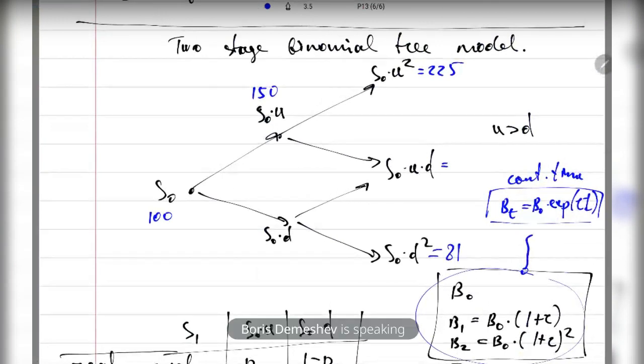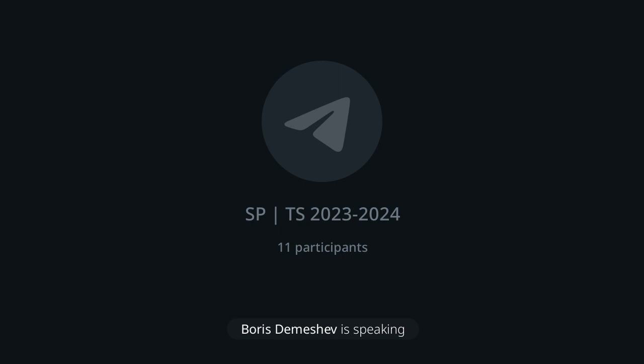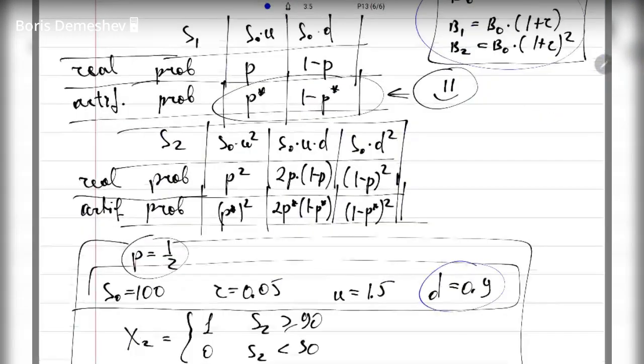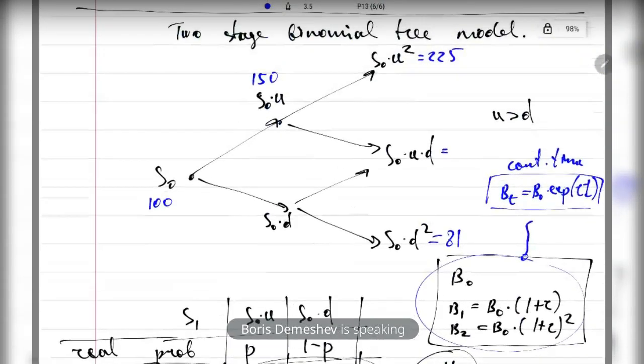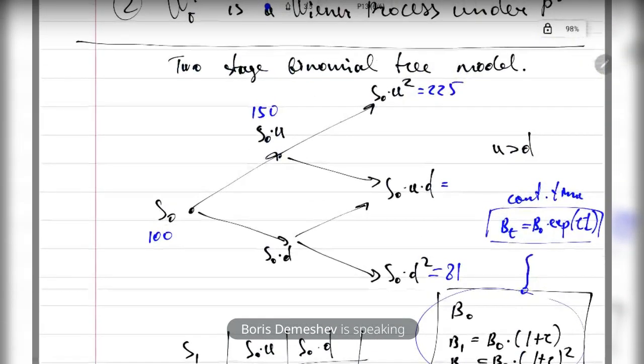The price here, if I multiply 150 by 0.9, it will give me 135. Yeah, am I right?